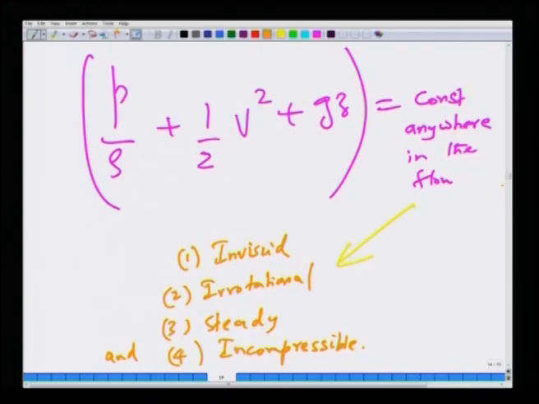So, now we have to really worry about when a flow can be considered irrotational, because we are going to see very shortly that when the flow is irrotational, it leads to lots of simplifications in finding the velocity fields at higher Reynolds numbers.